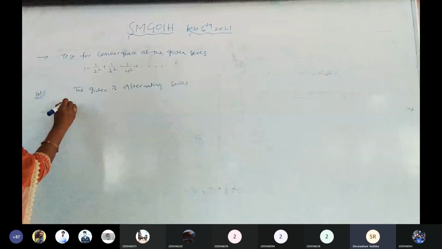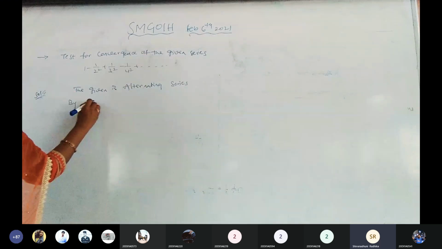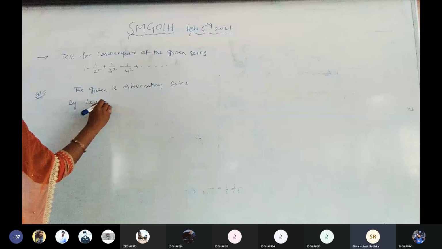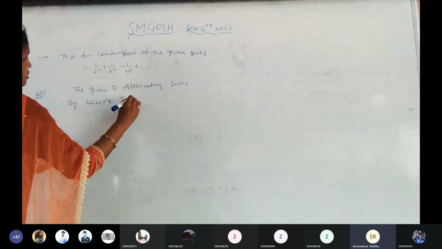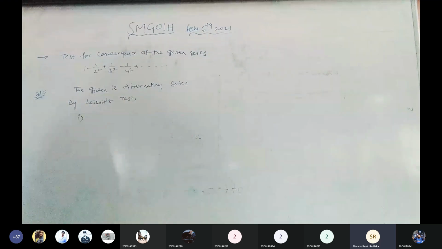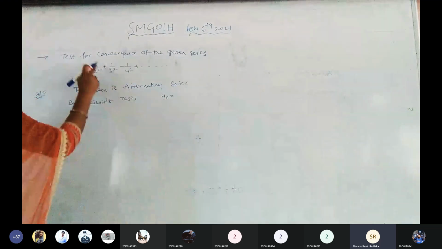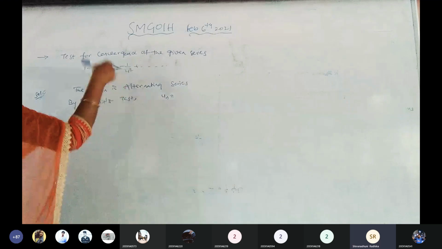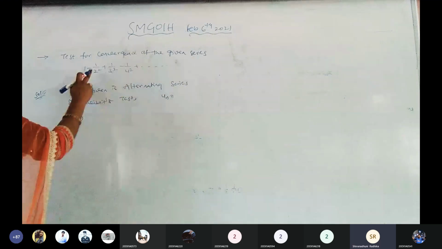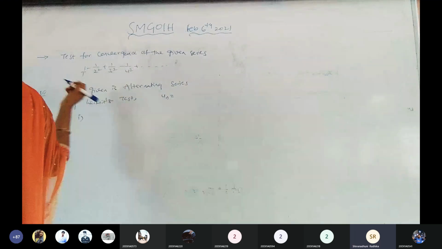Okay. Now, by the Leibniz test, what is the first condition? First of all, I am going to write the un term. What is un here? It is 1 by n square, for n equals 1, 2, 3, 4.